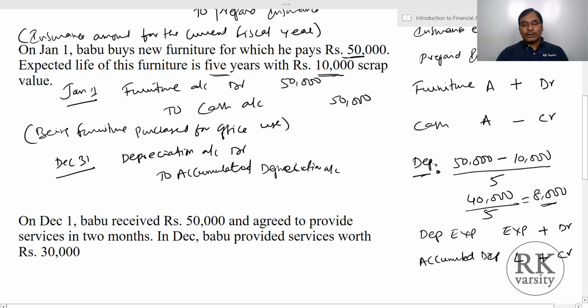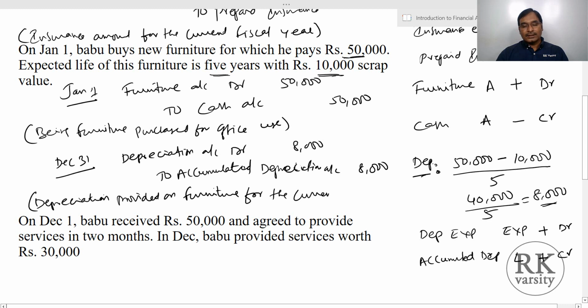The amount is 8,000 and 8,000. Now the narration we write is: depreciation provided on furniture for the current fiscal year.